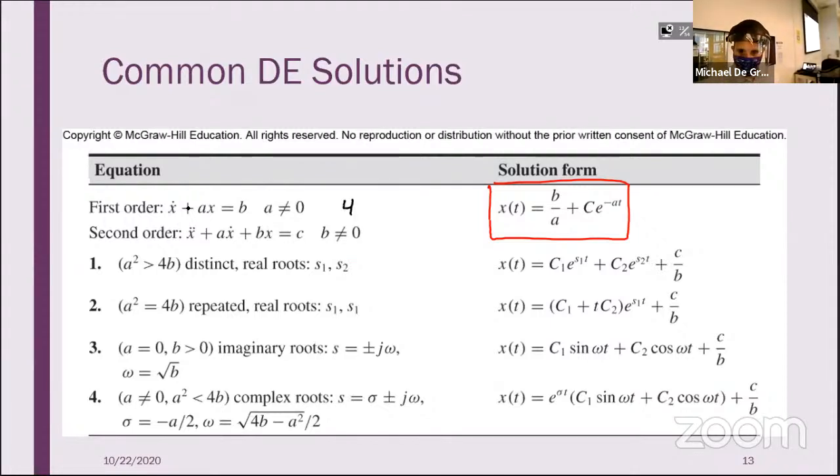We had 4y dot plus 8y is equal to 6. According to this, I need to divide out by 4, because there's no coefficient in front of the y dot here. So we need y dot plus 2y is equal to 6/4, or 3/2.